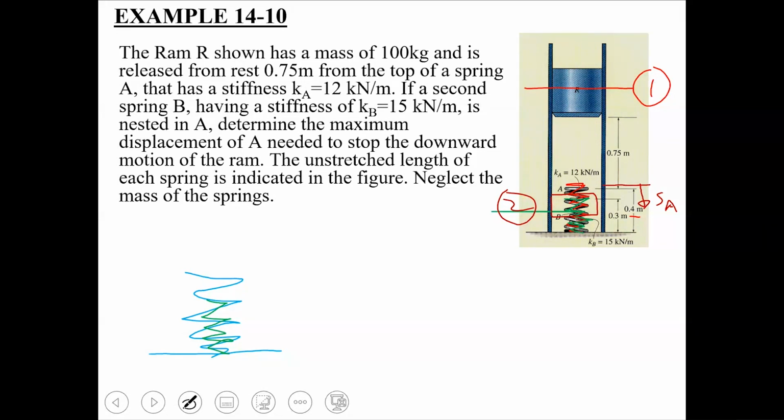No, sir. So since there is no non-conservative force acting on the ram, we can apply the conservation of energy principle on this ram, which says that the initial kinetic and potential energies should be equal to the final kinetic and potential energies, isn't it?